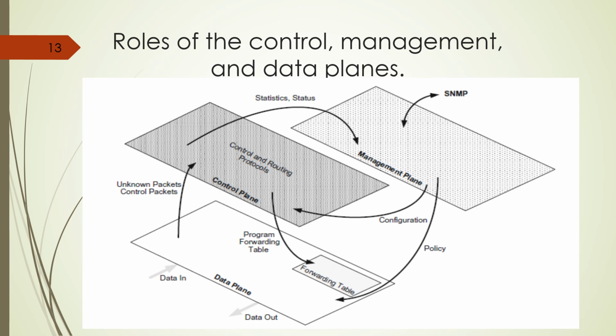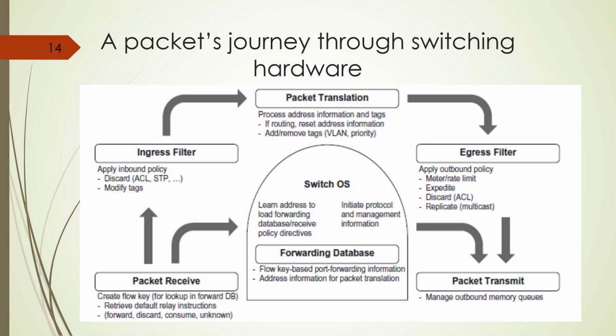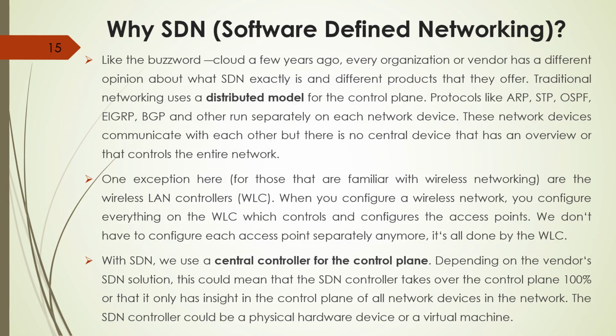These are the packets, data in and data out. These are the protocols used to forward any data. In the packet journey, it is used for switching and forwarding: packet translation, ingress filter, the receiver, the transmitter, and forwarding the packets.